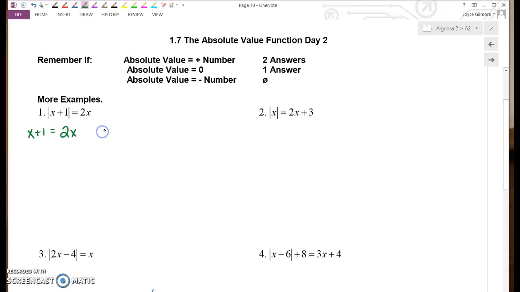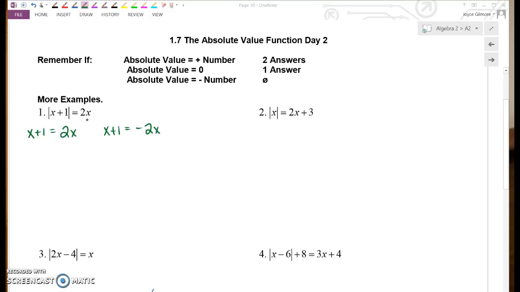The other equation is x plus 1 equals negative 2x. So set up two equations. The first equation exactly as it was written without the absolute value bars. The second equation, take the right side, the side that didn't have absolute value bars, and take the opposite of it.